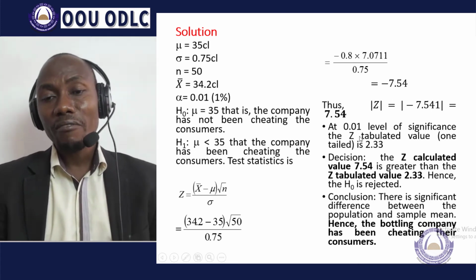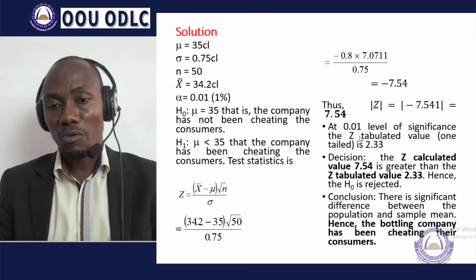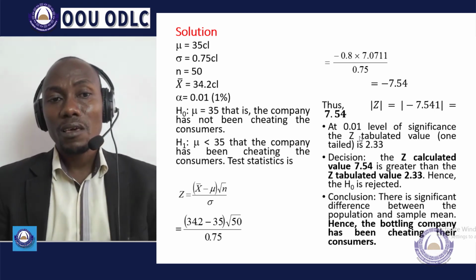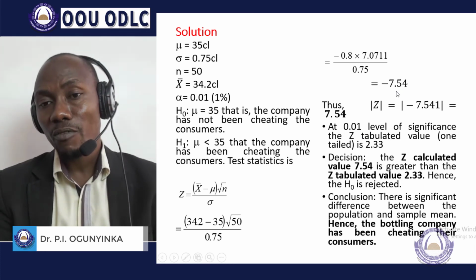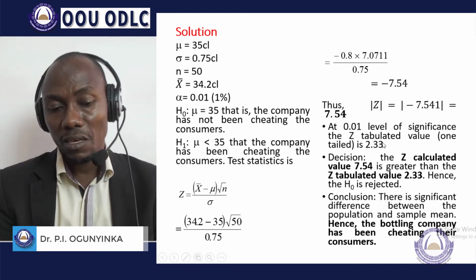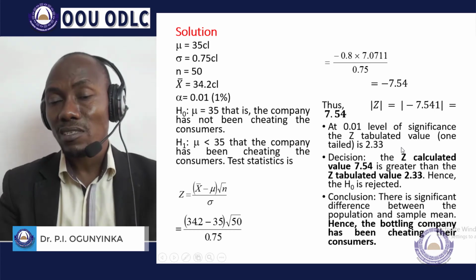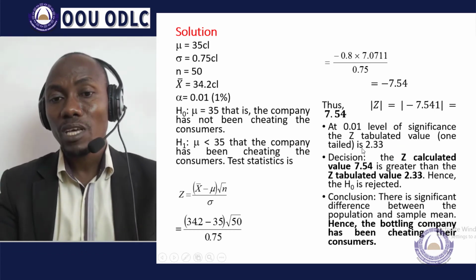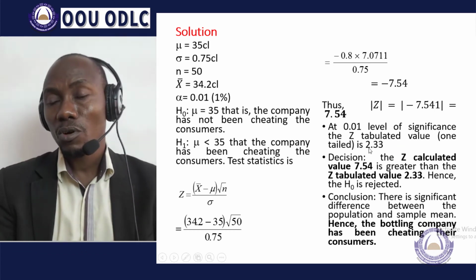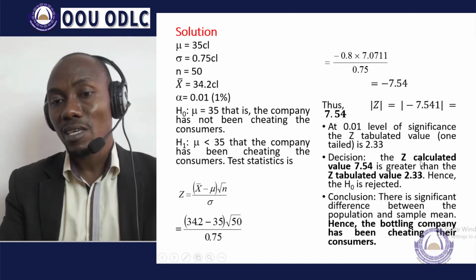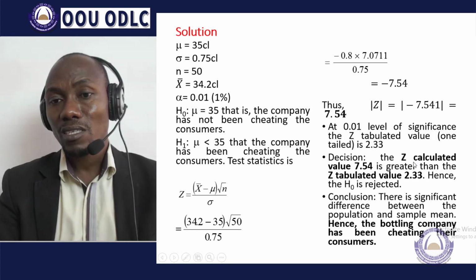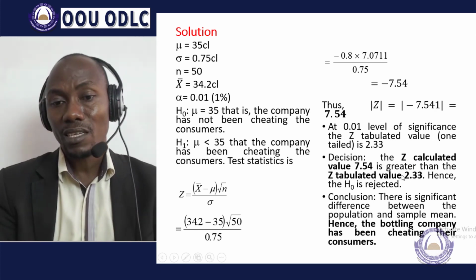So the tabulated value will be obtained from the table. When you check the normal distribution statistical table, you will obtain the z tabulated value to be 2.33.